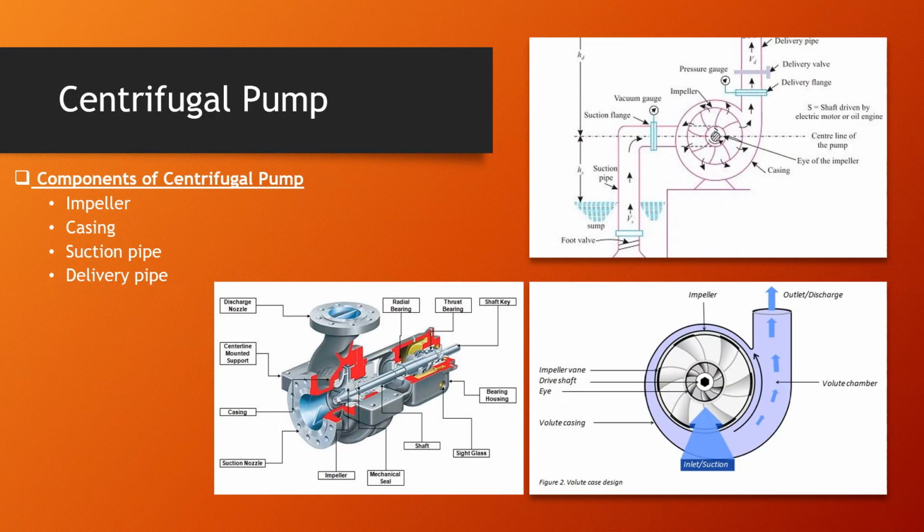Now, there are four main components of a centrifugal pump: the impeller, the casing, the suction pipe, and the delivery pipe. Now, how the centrifugal pump operates is that the very first step you do is priming, that is basically filling the pump with water or whatever fluid you are going to use in the pump.